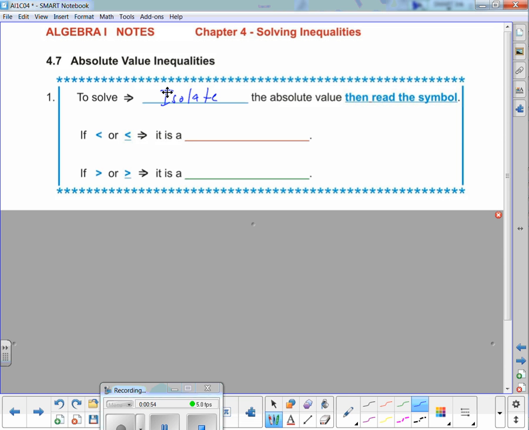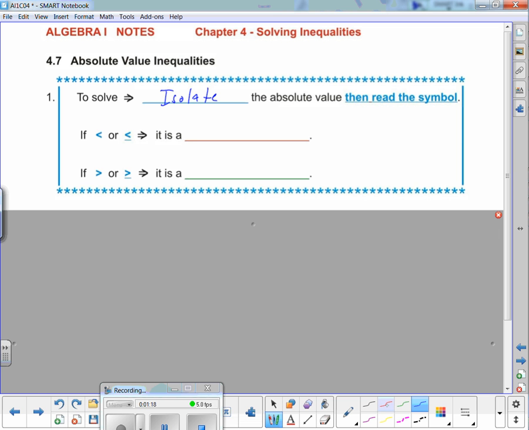Just like you guys goof it up when you graph 7 greater than x, and I tell you to put the x on the left and the number on the right so that you graph x less than 7 and get it correct. Again, to properly read the inequality symbol, you need the absolute value on the left and the number on the right. So ISO the ab on the left, then read the symbol.